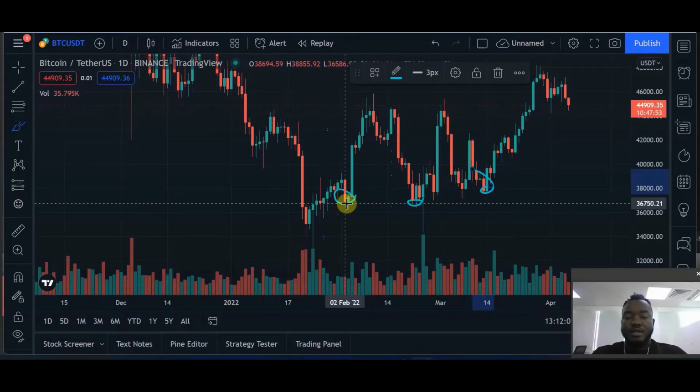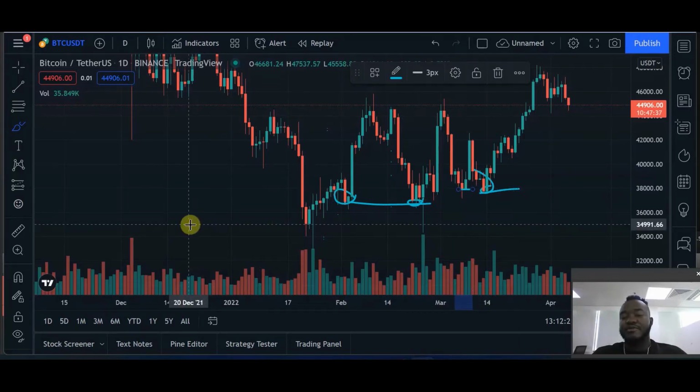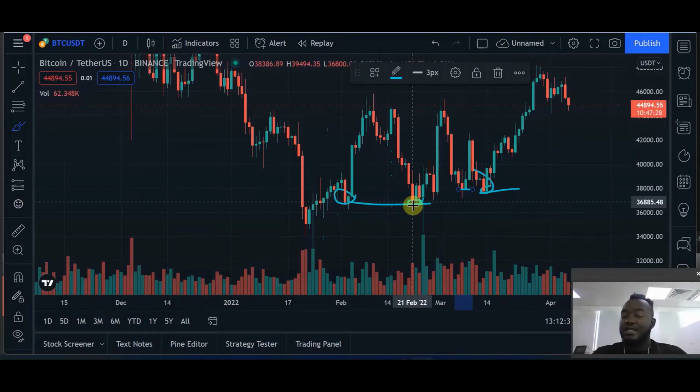Look here, this is your first point of interest, this is your second point of interest, and you can understand that this also serves as support. This is also a support level, and this is also another support level. Now how can we use a point of interest as an entry trigger or an exit point?